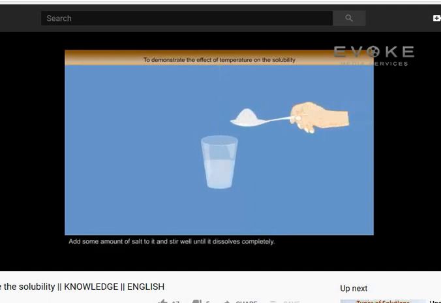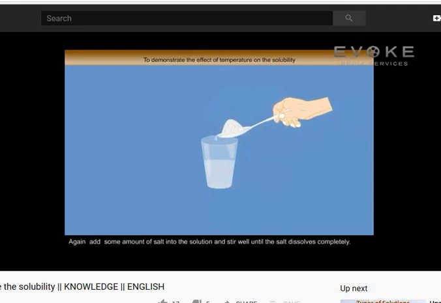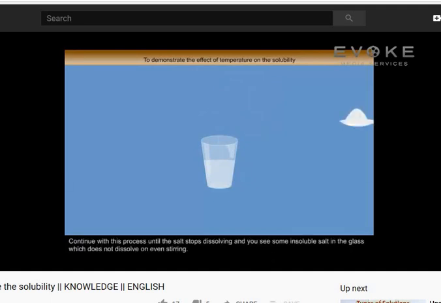Add some amount of salt to it and stir well until it dissolves completely. Again, add some salt into the solution and stir well until it dissolves completely. Continue this process until the salt stops dissolving and you see some insoluble salt in the glass which does not dissolve even on stirring.